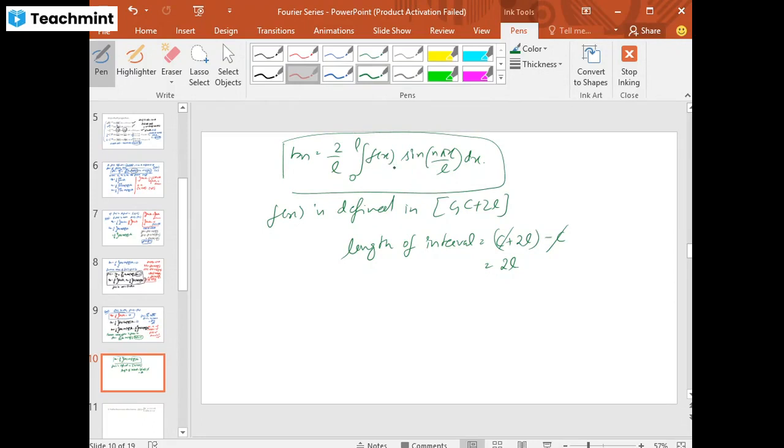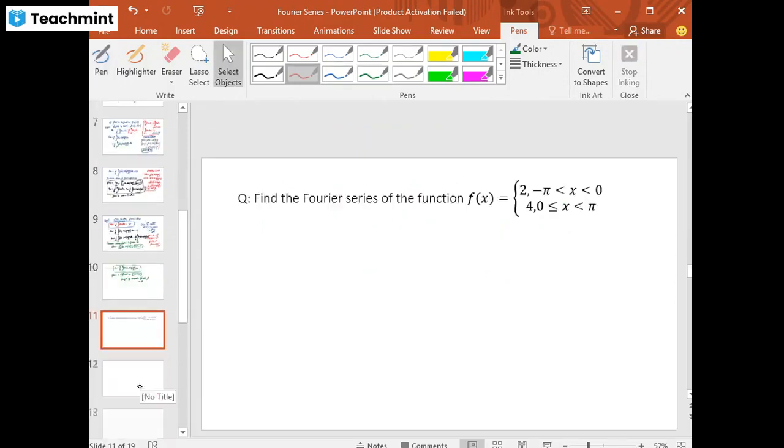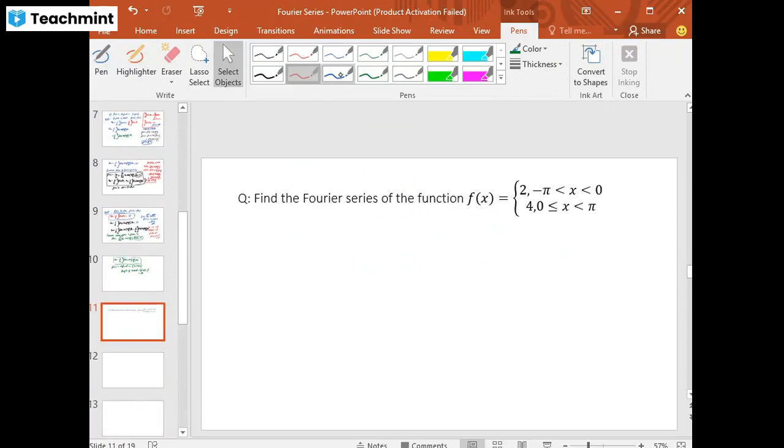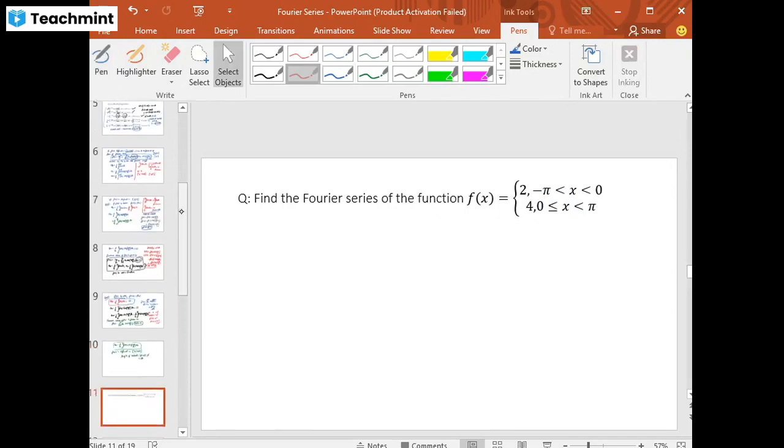Now let us try a problem so that we can understand the concept of Fourier series. Let us consider one example here. The question is to find the Fourier series of the function; the interval is minus pi to pi. The function is discontinuous, which is one of the conditions of the Fourier series also.